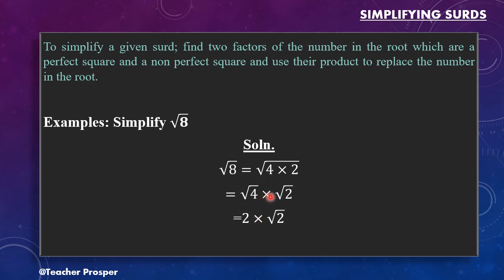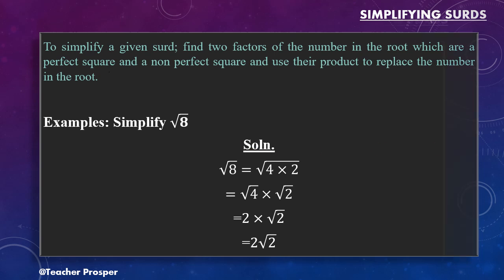And then 2 is not a perfect square, so square root of 2 will remain square root of 2, which is irrational. So then when we multiply 2 by square root of 2, we arrive at 2 square root of 2. And that gives us the simple or the basic form of the surd square root of 8.